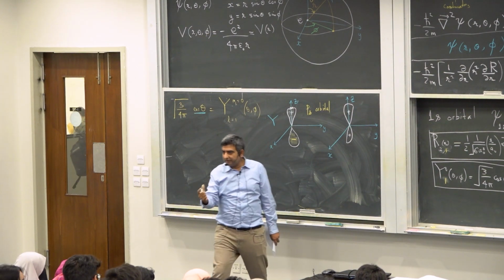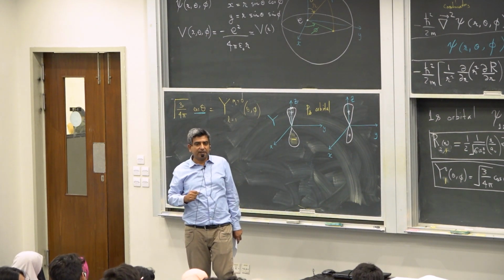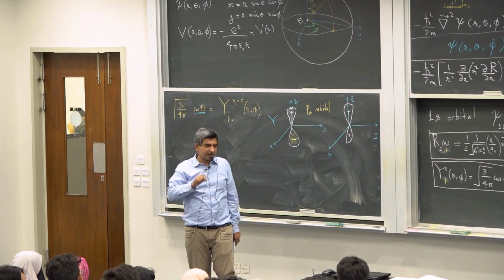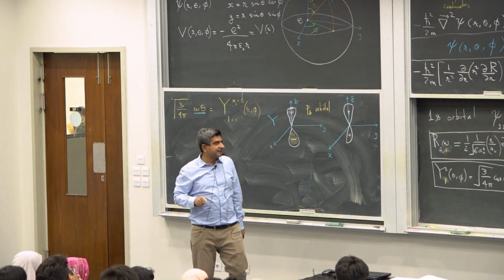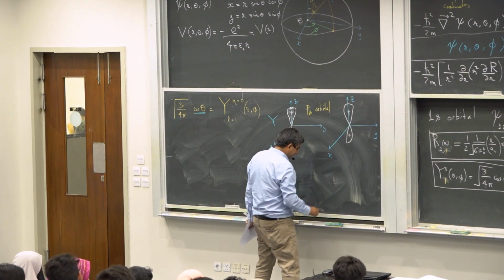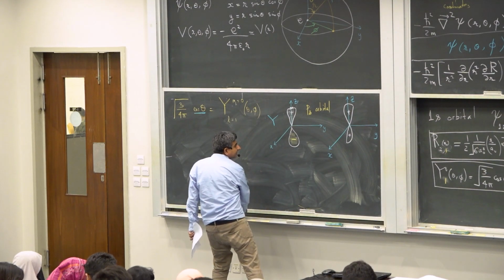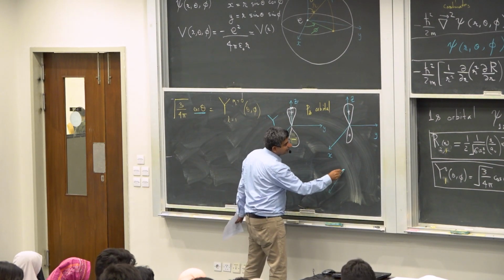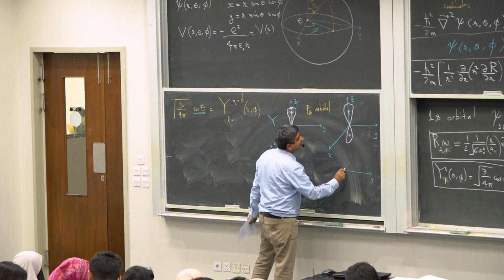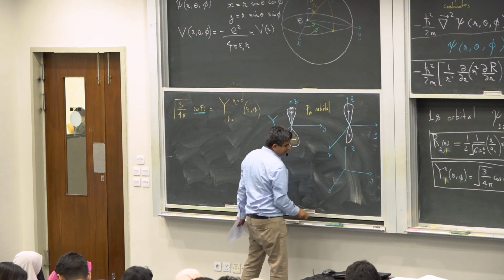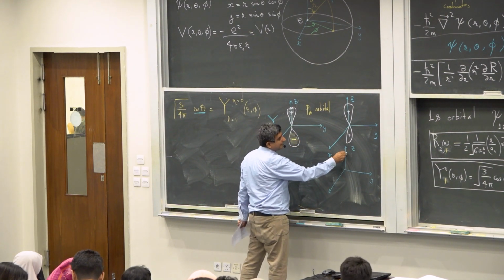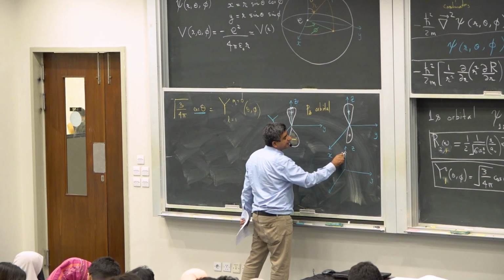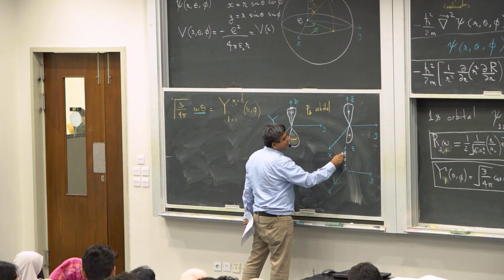This is the general diagram for a pz orbital that you find in a textbook on chemistry or physical chemistry, right? Sometimes you would like to draw this as a cloud of electron, as a probability density cloud. Higher probability density near the z-axis.